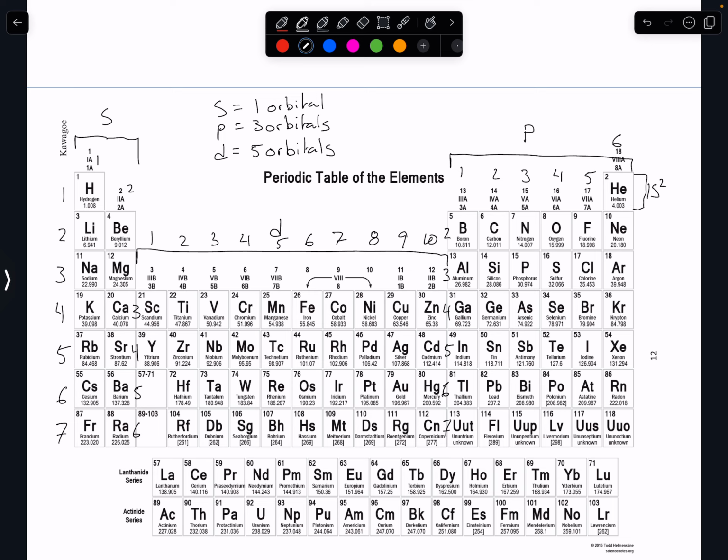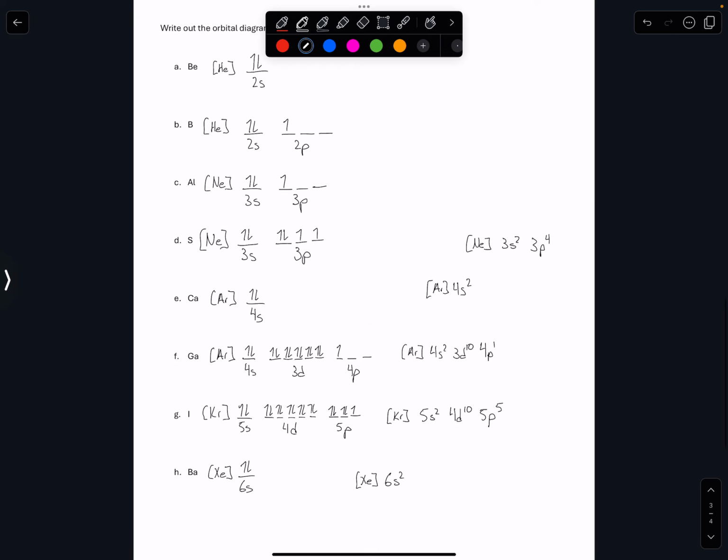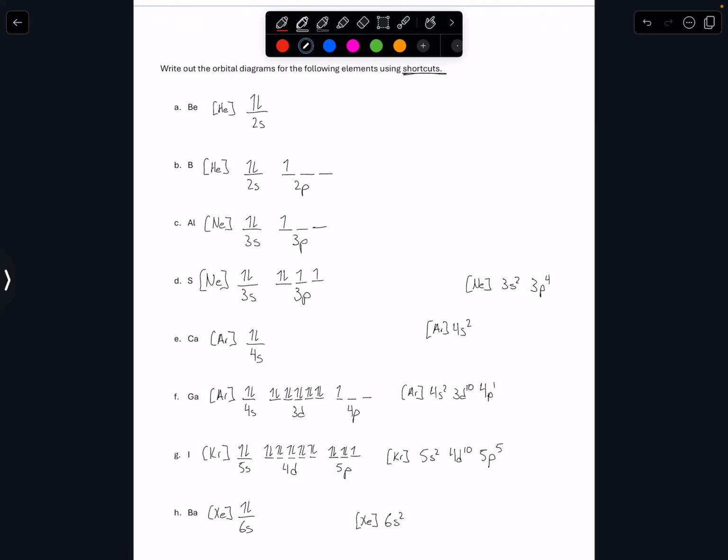So it doesn't matter which row it's in for orbital configurations, they'll always have that many. All right, I'll catch you in the next one.